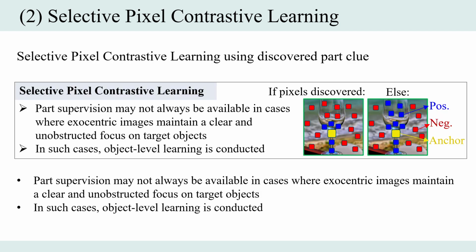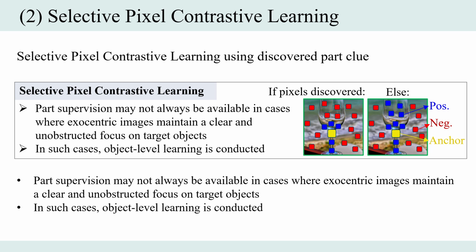With this gathered clue, we perform selective contrastive learning, which is very similar to the prototypical one. First, when part relevant pixels exist, we learn to separate the identified pixels from the background pixels.